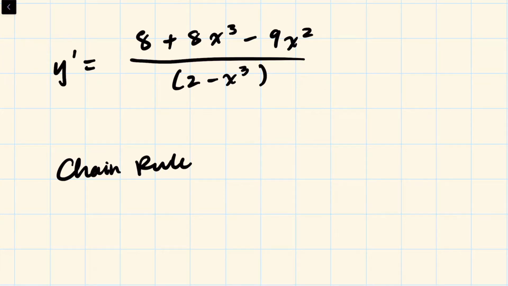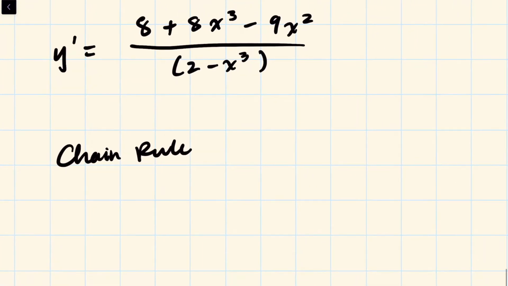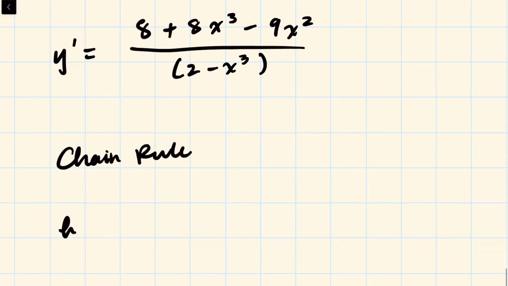So the chain rule is regarding multiple functions here, right? If we have composite functions, we have h of x is equal to f of g of x. It's like when we have a function inside of a function.